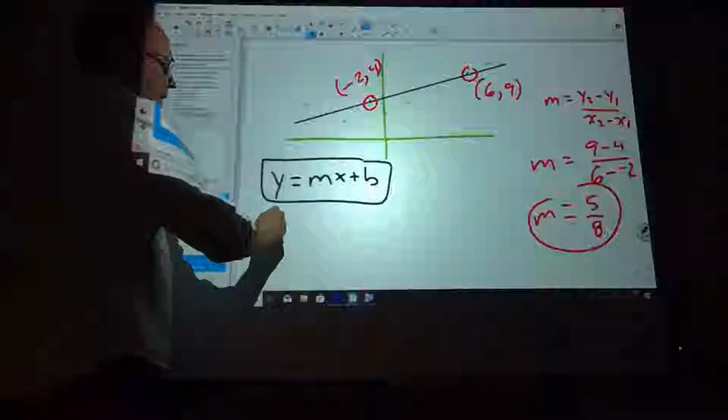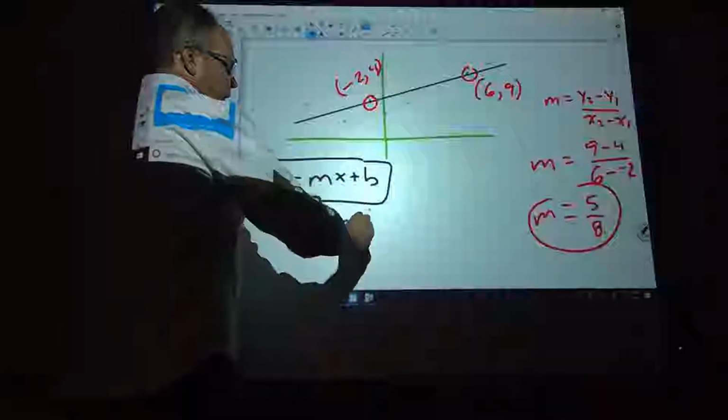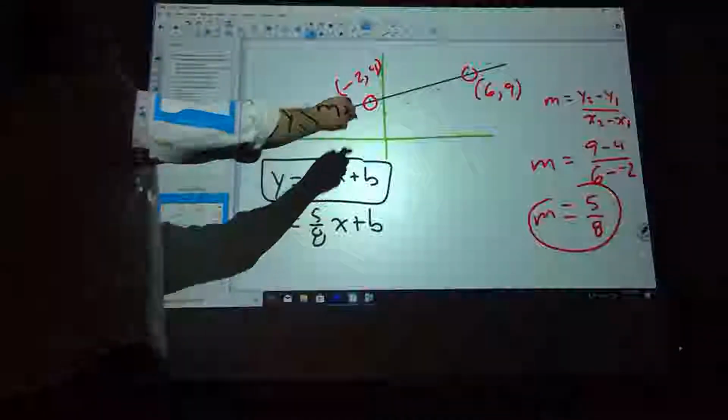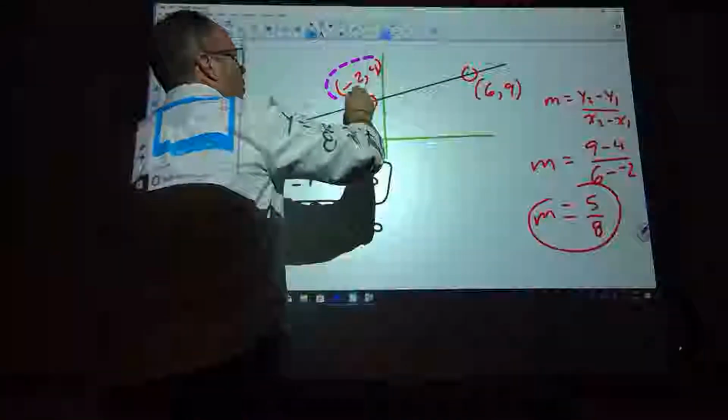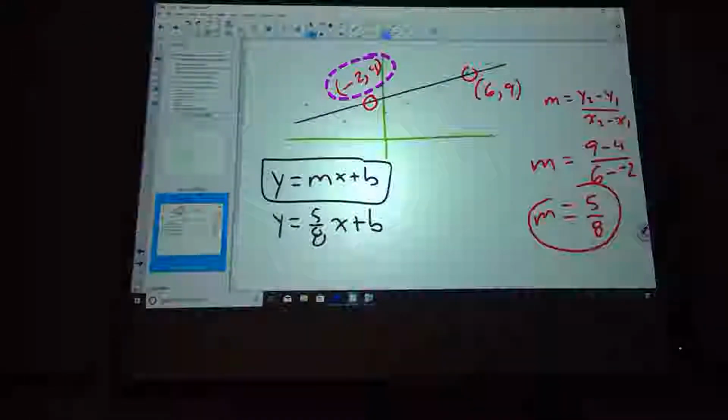Okay, so far we have this. Now there are three letters to figure out. So should I pick one of my points and plug it in? I'm just going to pick one of them. It doesn't matter which one I pick. It's going to be the same answer no matter what, if I'm using those two points.